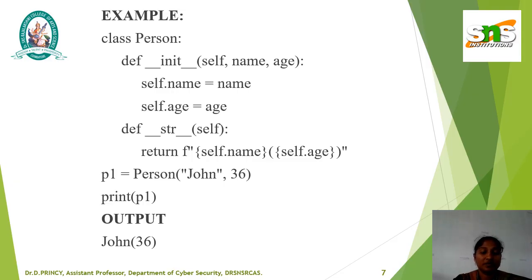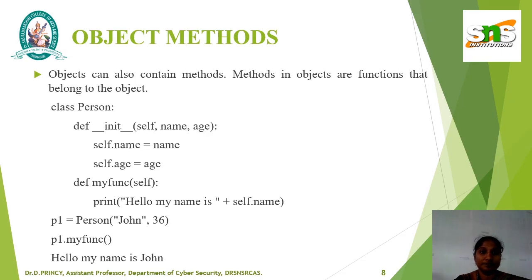So we have to look at the __str__ method: def __str__ returns an f-string. Here name is a string which holds the value John, and age is an integer variable which holds the value 36. But using the string method, I'm converting the whole value to a string. So when I'm printing p1, the output is John(36). It returns only the string value, even though it contains the integer value.